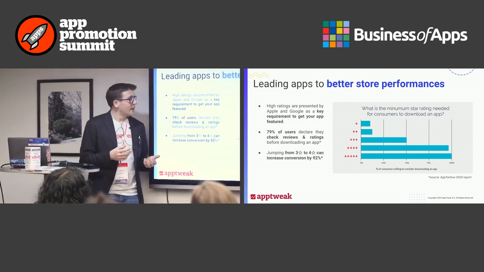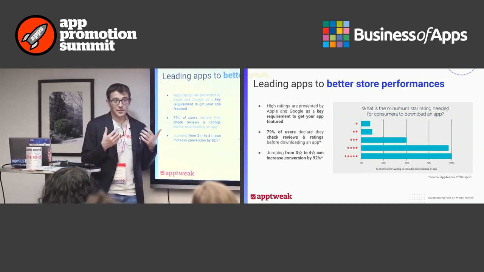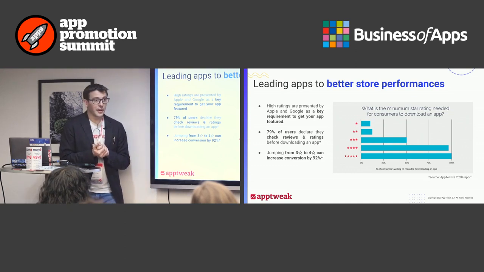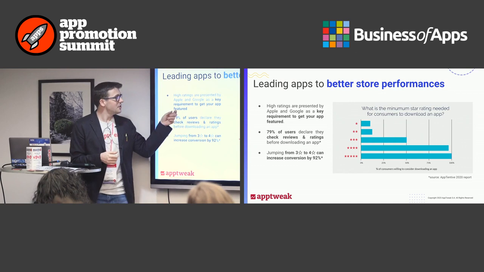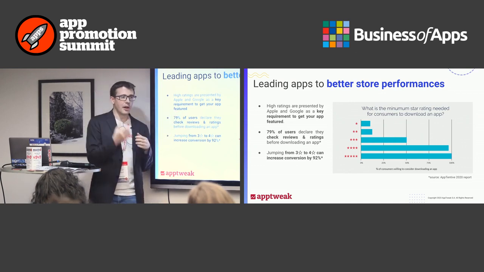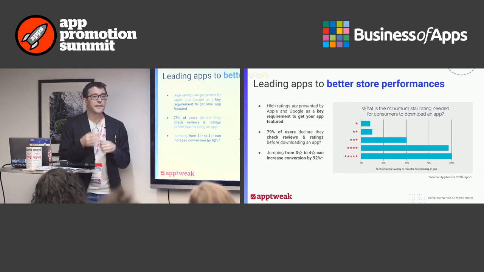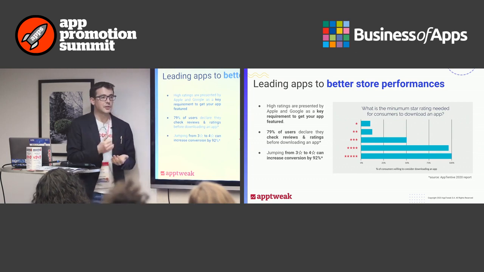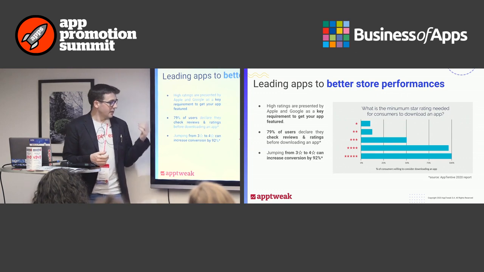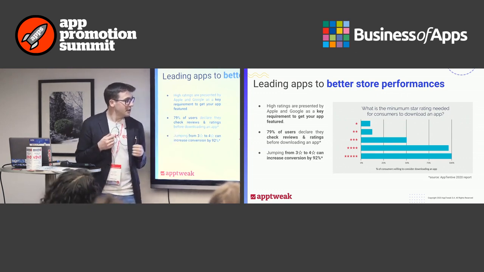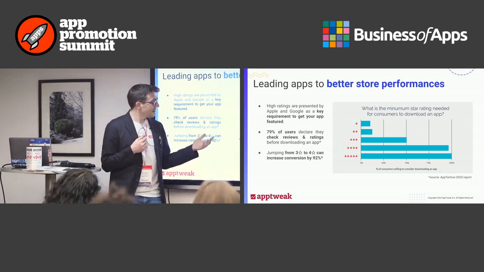Another thing is also how store reviews are important, and not just for visibility, also for conversion. Visibility, we know that Apple and Google repeat to developers, if your app has a low average rating, we won't be featuring you. But more importantly, this is a study we didn't do, but we did find insightful.